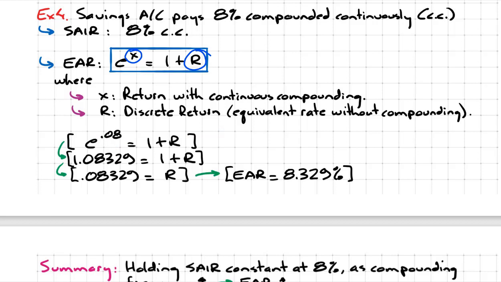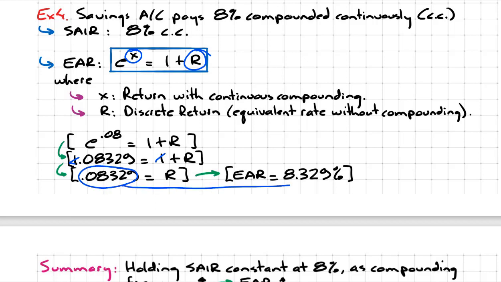And on our website, I show a tutorial of how to use your calculator in order to navigate your way through these exponential functions. So when you plug in 0.08 and hit the E button over there, you get the following number. And of course, then what we do is we just cross out the ones, and then the discrete return or the effective annual return would be this.